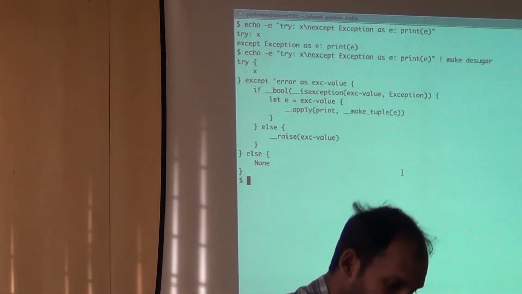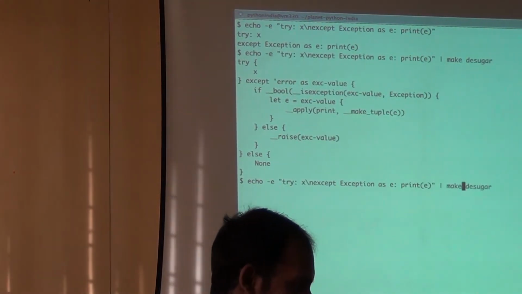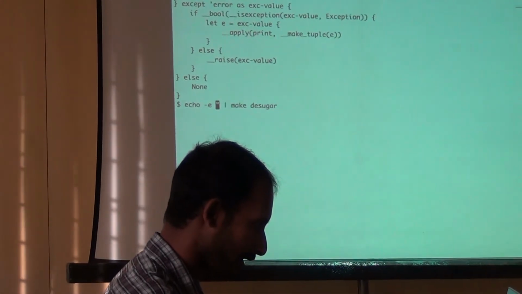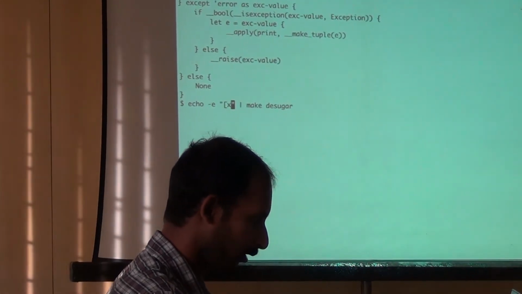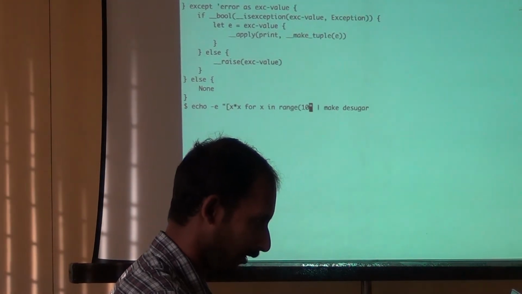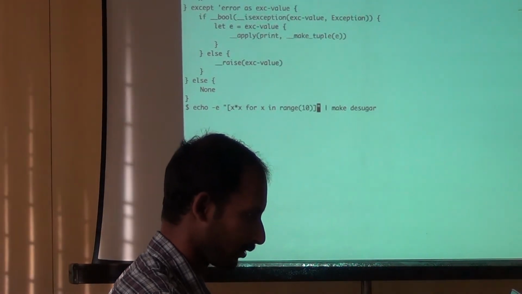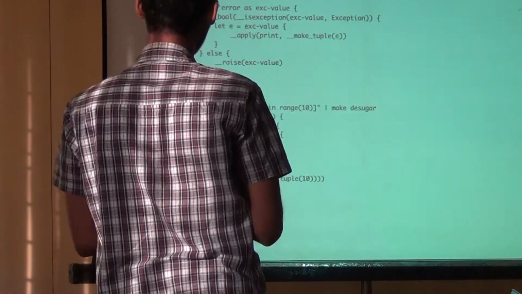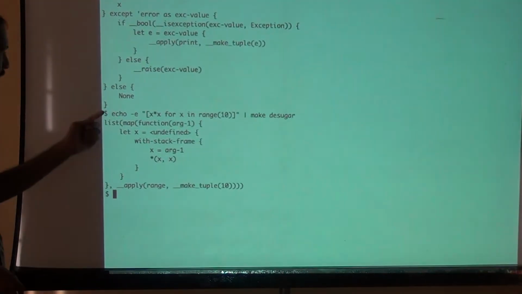Now let's see how. Someone asked about list comprehensions, right? So x for x in range(10). This gets desugared into a call to map.